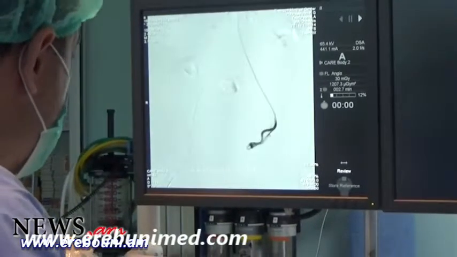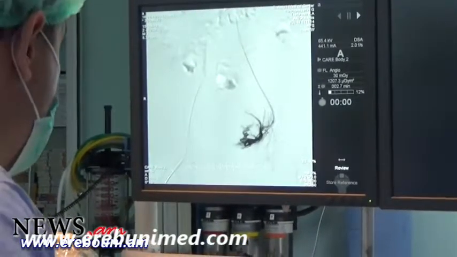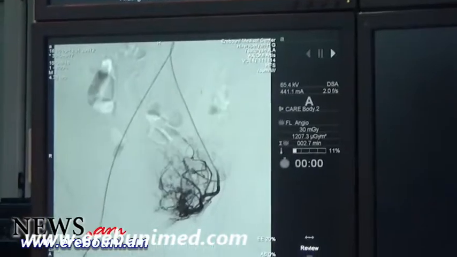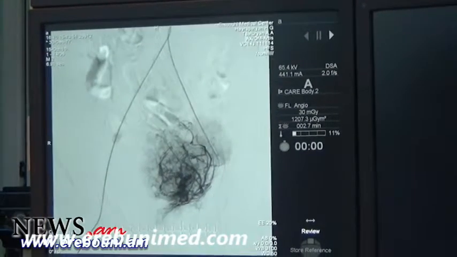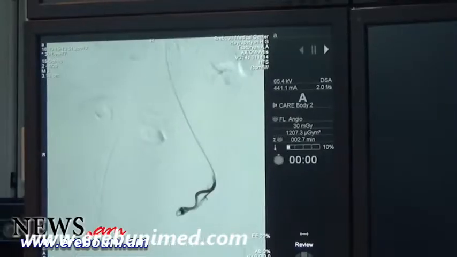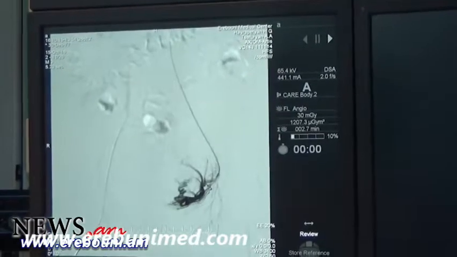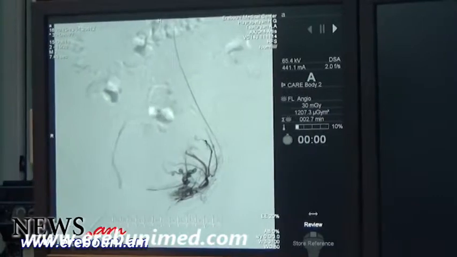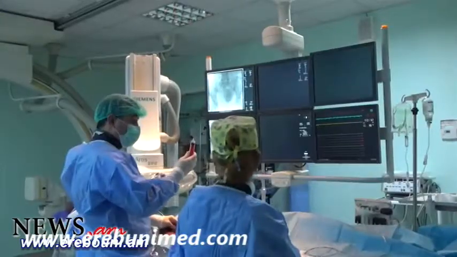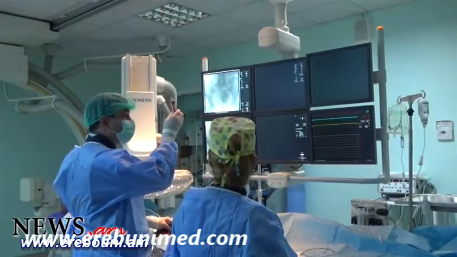On a recorded image, we can see a decrease in the capillary network of fibroids, which indicates a certain level of embolization. At first, we notice that the network is very large. After the procedure, we notice a significant decrease in the network.